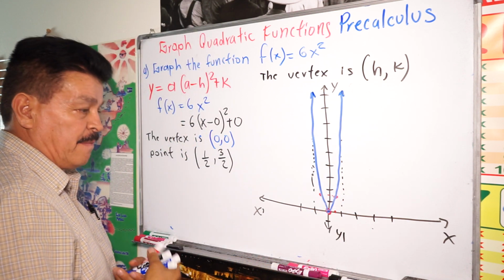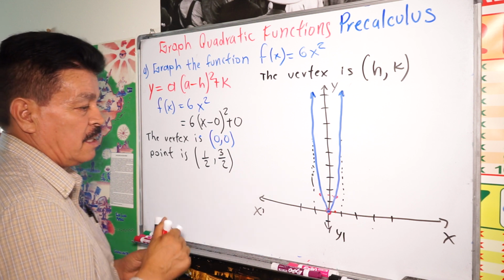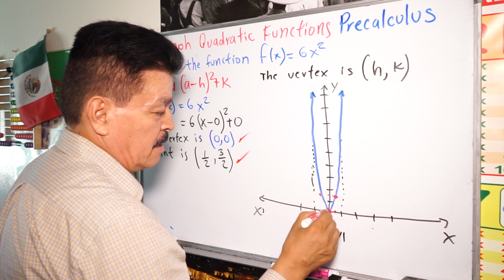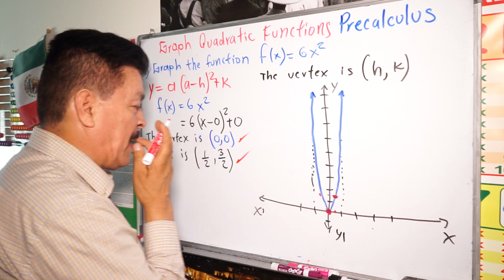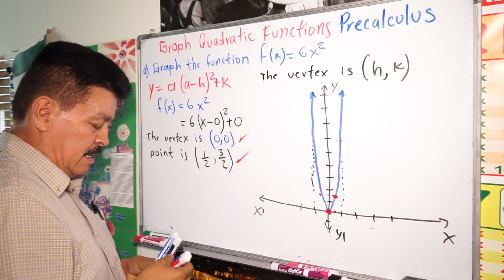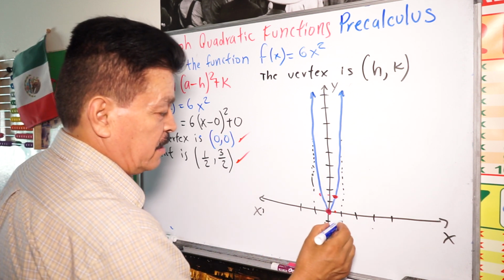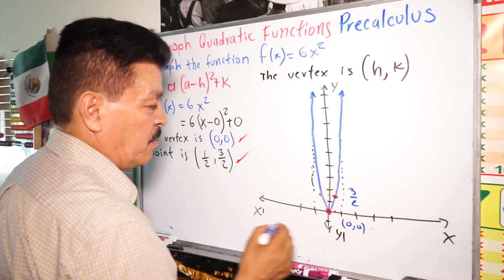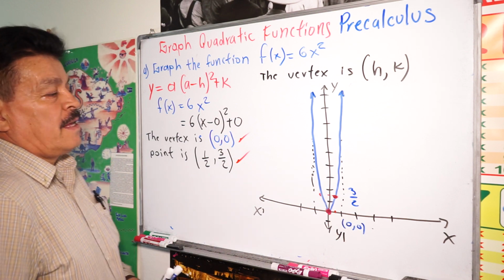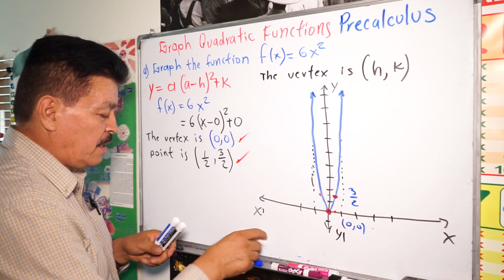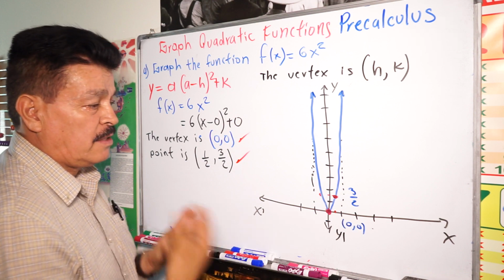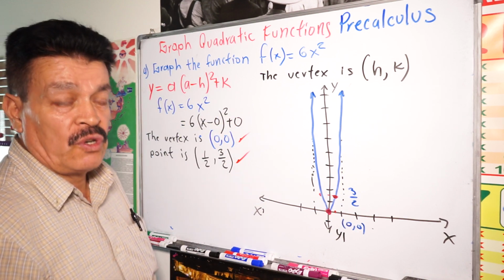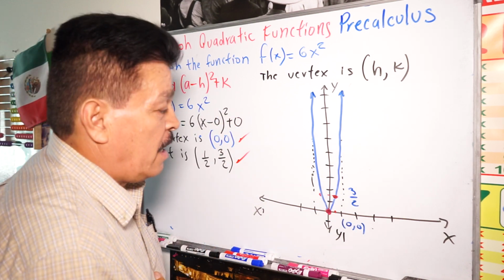It's very important to see these two points: 0, 0, and then 1/2, 3/2. So that's it, my friend. Very simple. I'm trying to show this concept, graphing a quadratic function for precalculus.